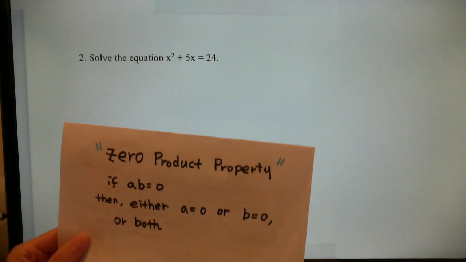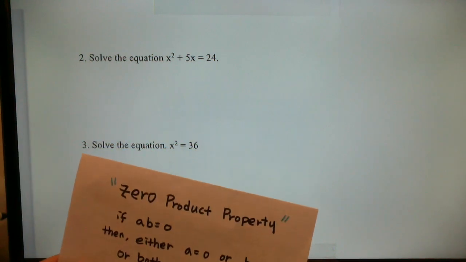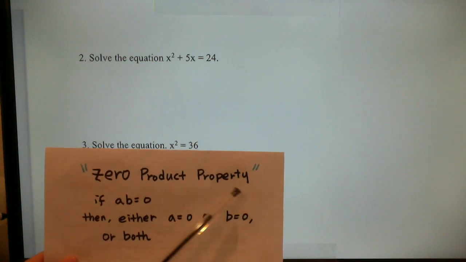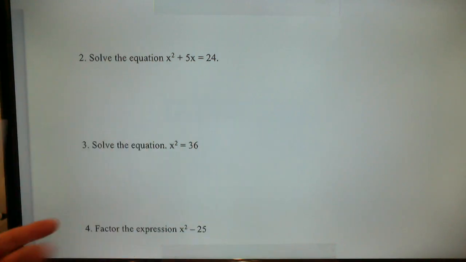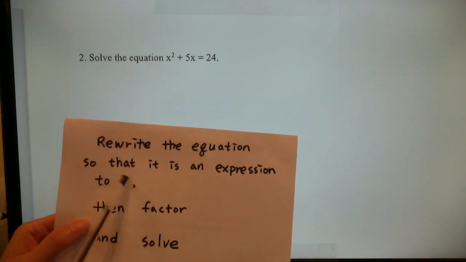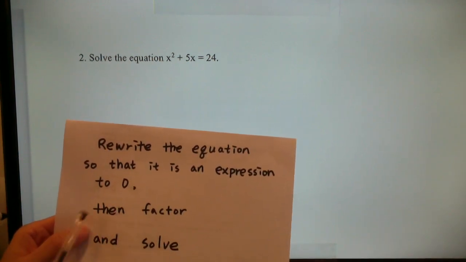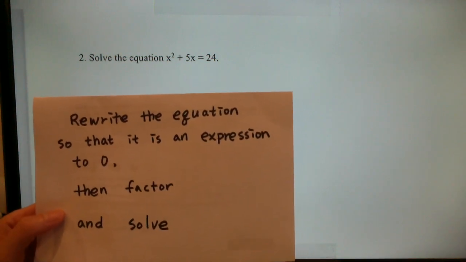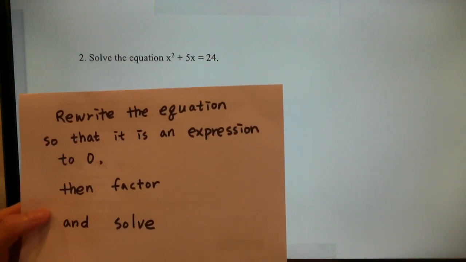Okay, so when we see this, our question here, so we'll use this zero product property. So here, rewrite the equation so that it is an expression equal to 0. Then factor and solve. So let's see how we can do this.